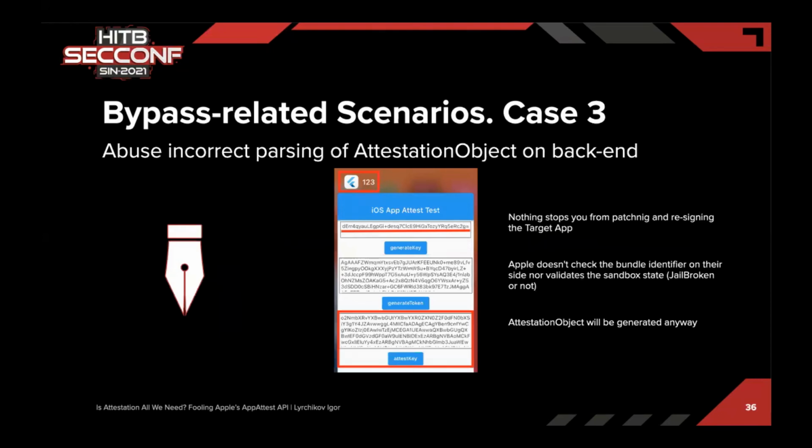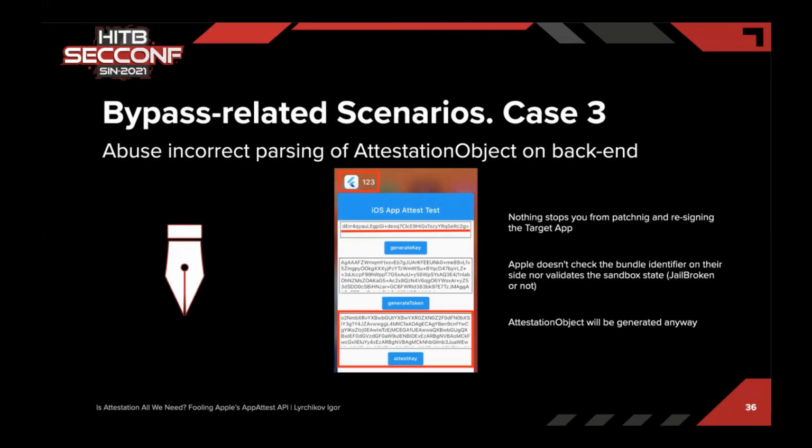I've heard an opinion from one application developer that Apple has the ability to validate the signer's provisioning certificate on their backend before returning the attestation object. It was his understanding of the AppAttest API description.